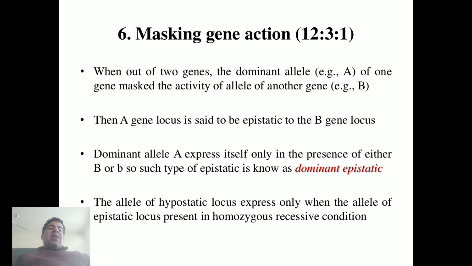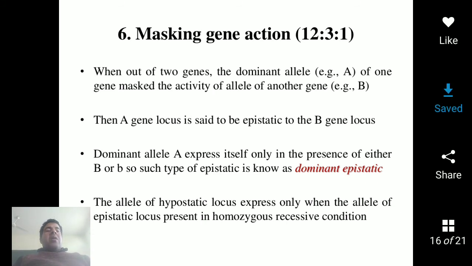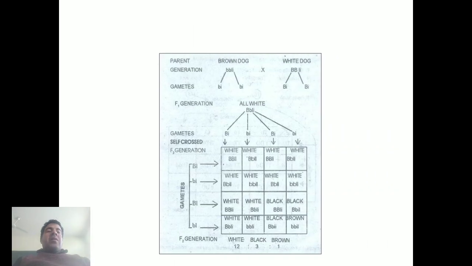The A gene locus is said to be epistatic and B the hypostatic gene's locus. Dominant allele A expresses itself only in the presence of either B or b. Such type of epistasis is known as dominant epistasis, and the other is the recessive condition. You may notice here a 12:3:1 ratio occurs.